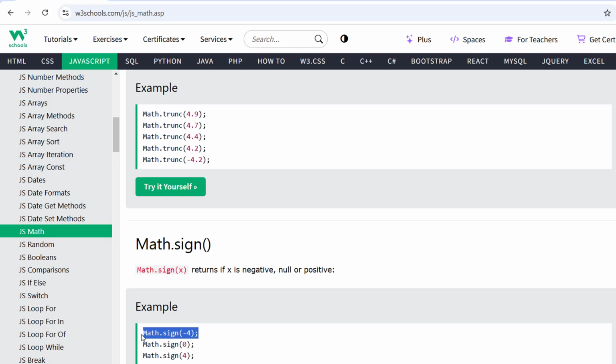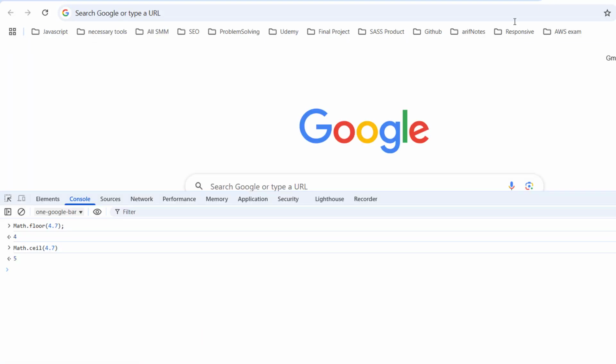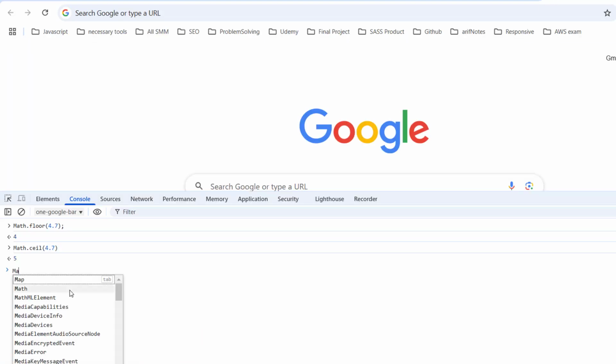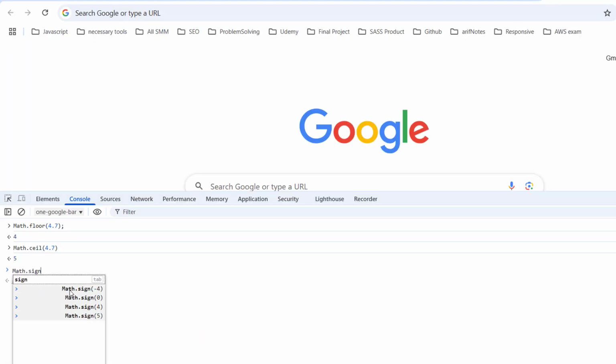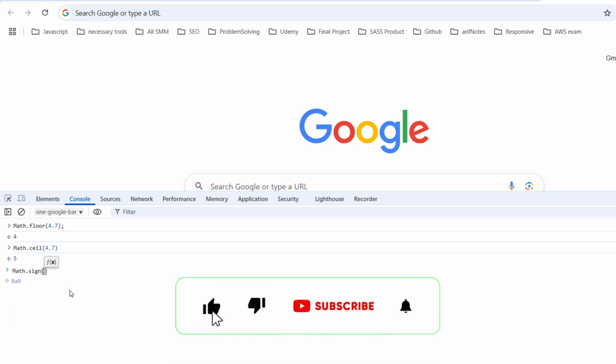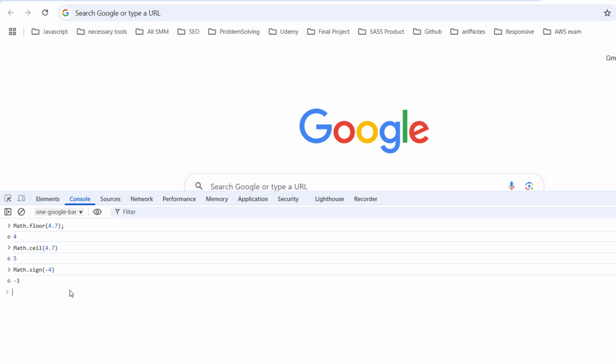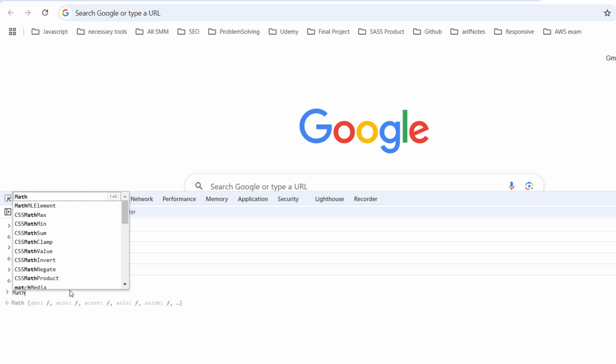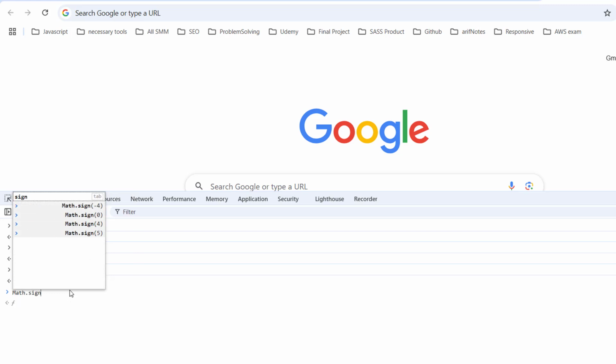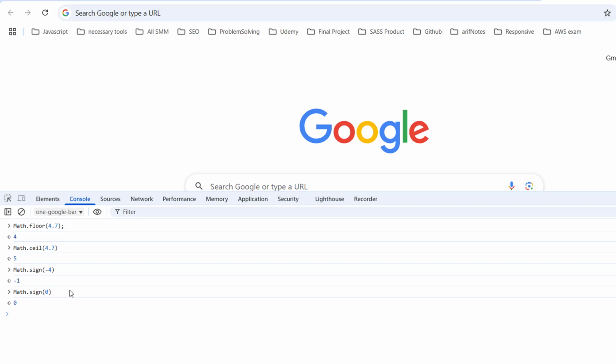So if it is minus, it will return negative. If it is 0, it will return 0. So I am showing Math.sign. Math.sign of minus 4, what will it return? It will return minus 1. Math.sign of 0, what will it return? 0.